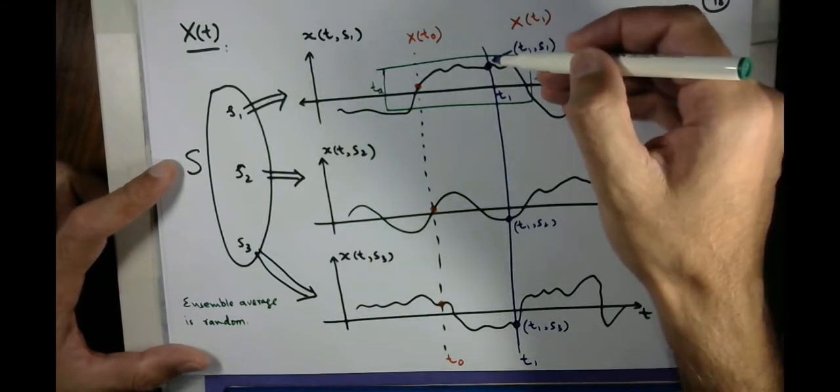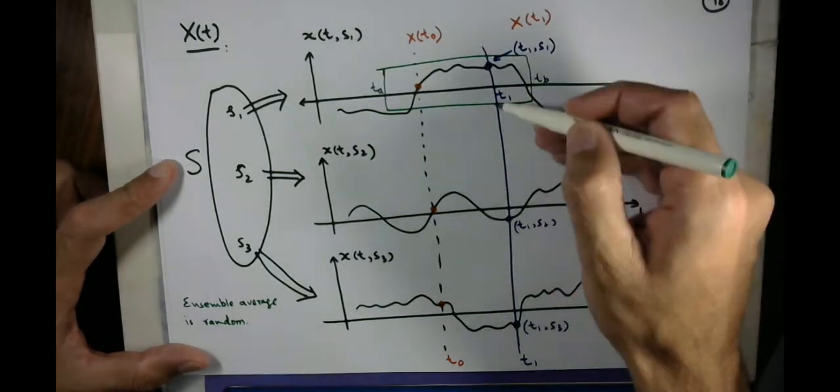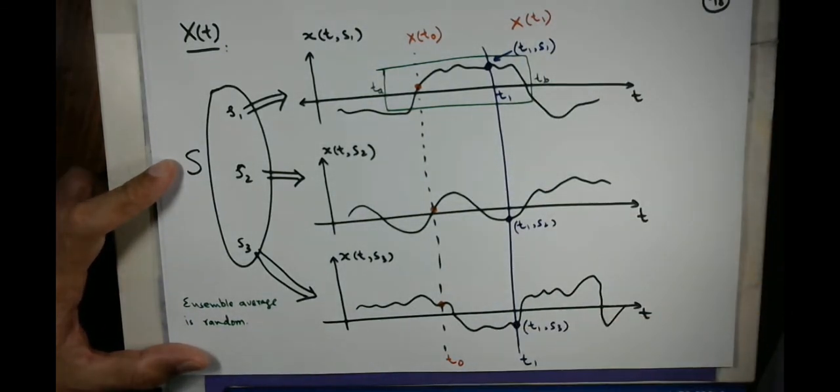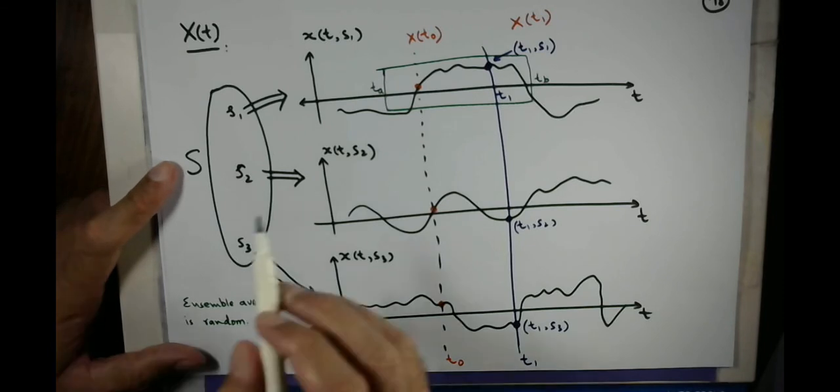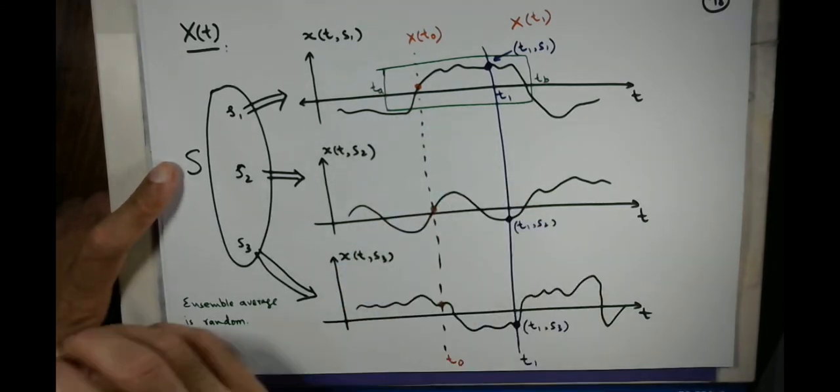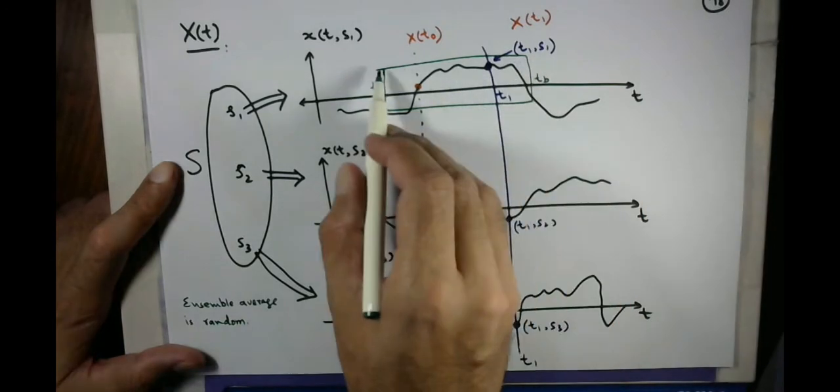I'll repeat. When you take an average like this, it is called the ensemble average, and this is a random variable as per my arguments and discussion. The other type of average in a stochastic process is the time average. Time average would mean average on time.